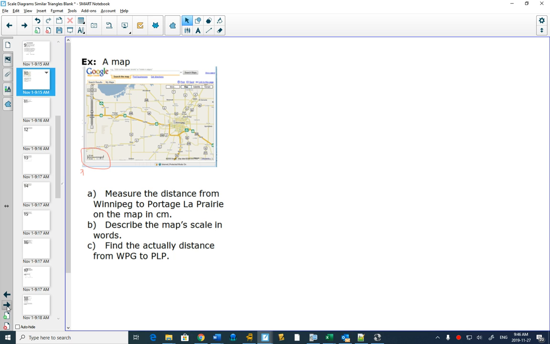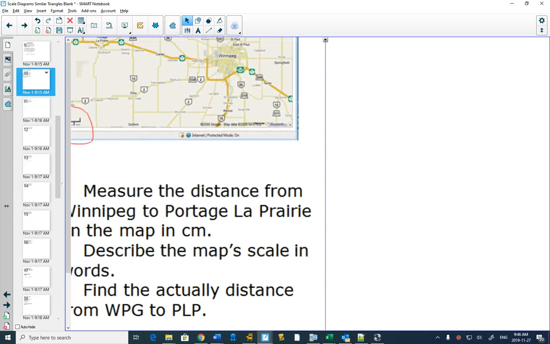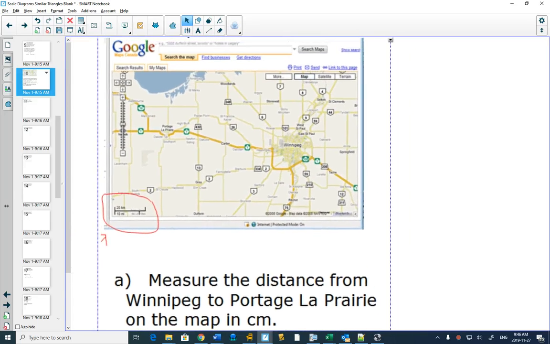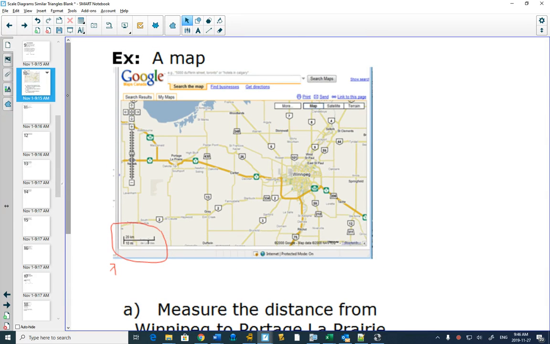Okay? As I said before, and maybe I'll try and make this one bigger, you can see it a little bit better on your notes, but here we have a map. Okay?